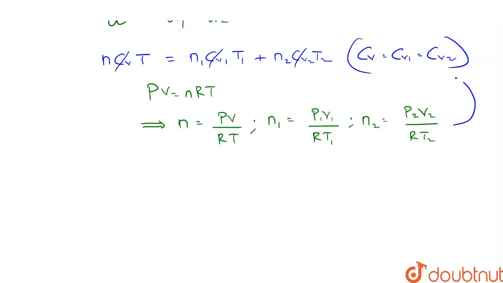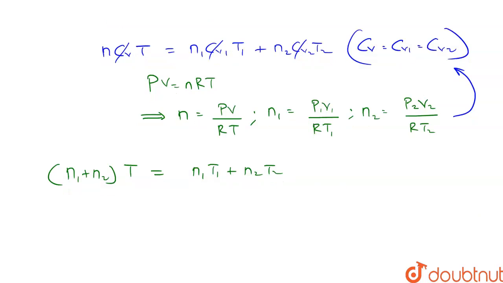Putting this in the equation of internal energy, we get: n is a summation of n1 and n2, so (n1 plus n2) into equilibrium temperature T is equal to n1 T1 plus n2 T2.